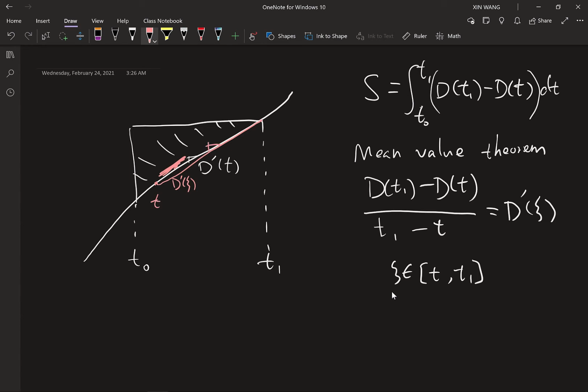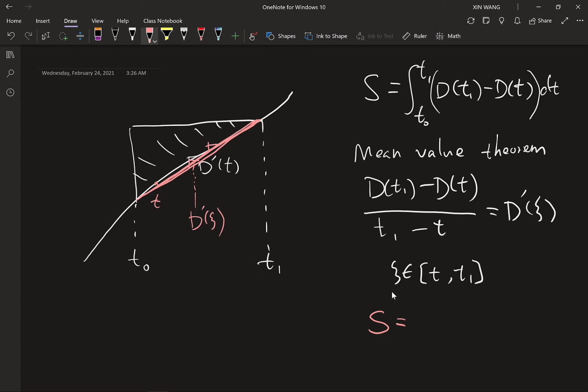So you can see when the time varying demand rate does not change very fast, we can approximate this curved triangle into a typical triangle. So in that case, we can try to estimate this curved triangle into a typical triangle where the gradient here can be estimated based on some value inside.